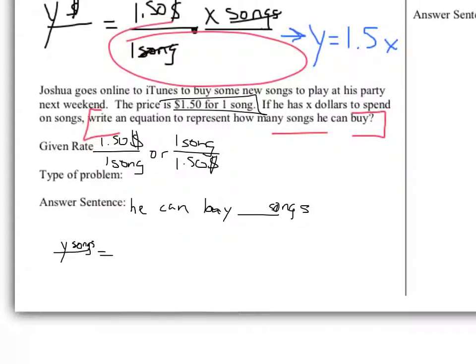And the situation we're going to be trying to find out about is when there are x dollars.